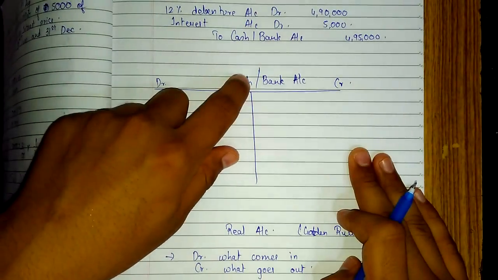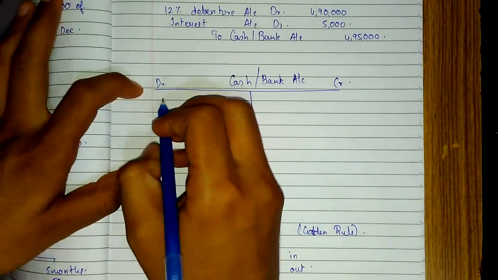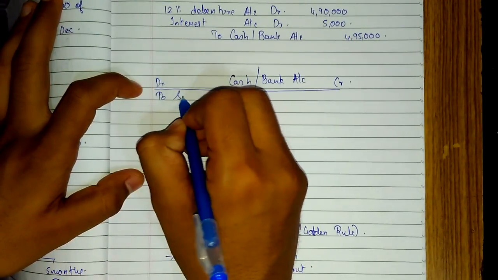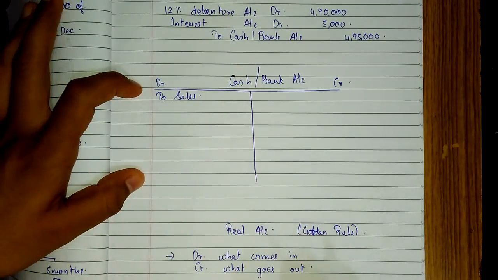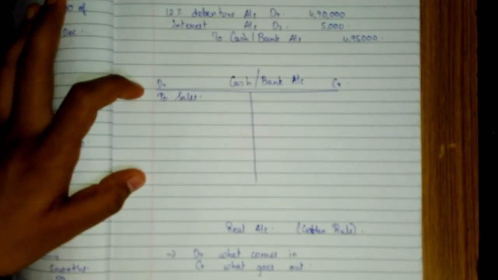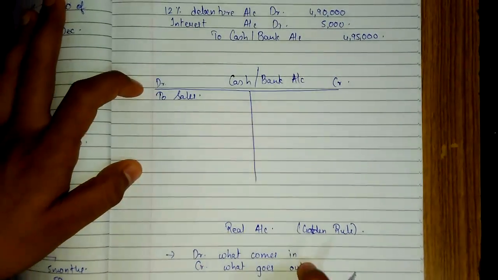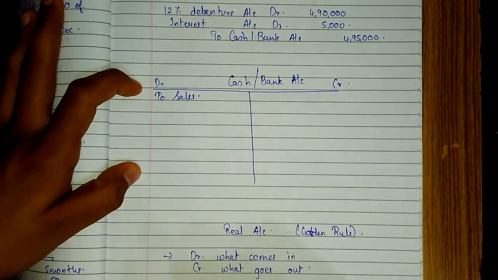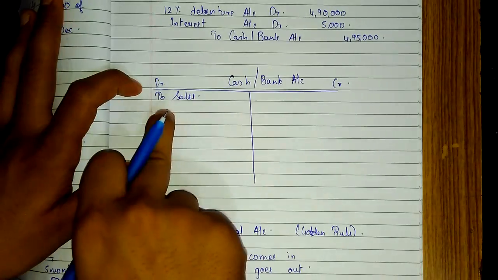Cash comes in. In the cash ledger, cash is coming in, so it is on the debit side. Debit what comes in.